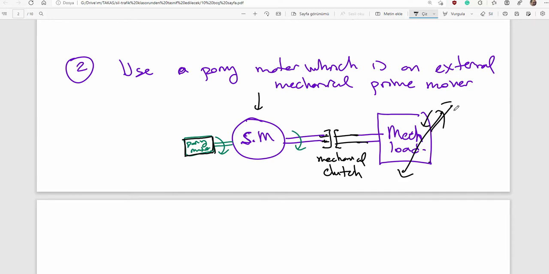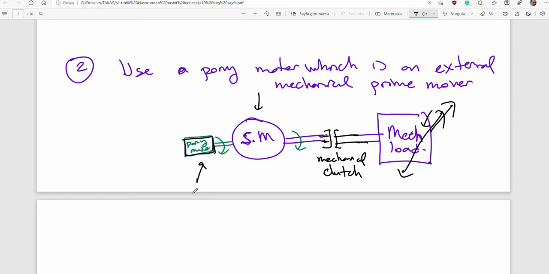If it is a high power mechanical load here, the pony motor will be large and it costs too much money. Economy is always constrained because we have limited money, you know. So to use the pony motor startup method, there must be a mechanical clutch or adjustable mechanical load before starting.